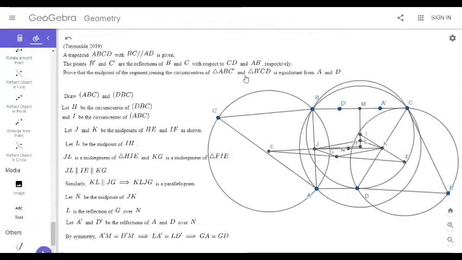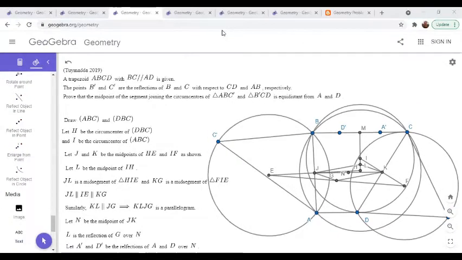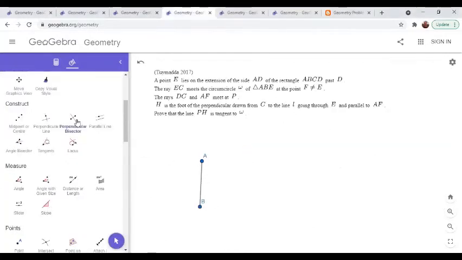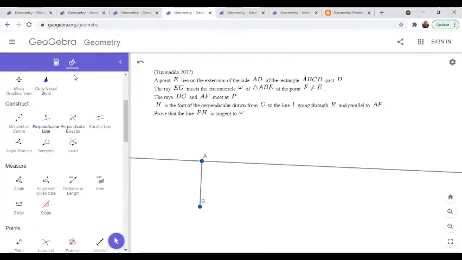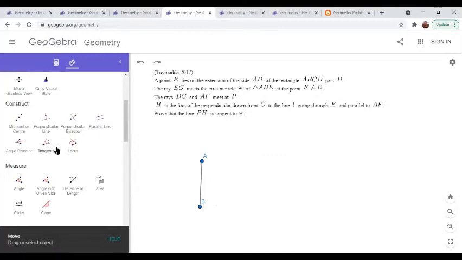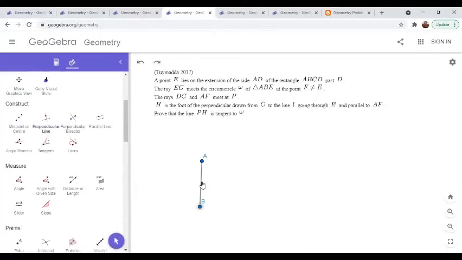All right. So here is our fourth problem. This is not working like I wanted it to. Okay, so there we go.